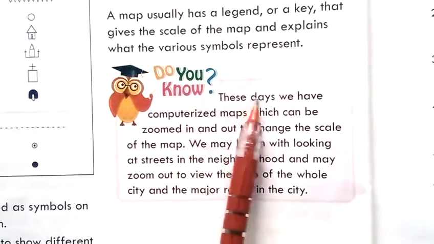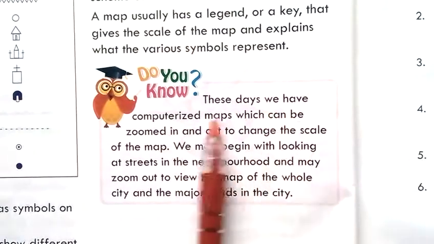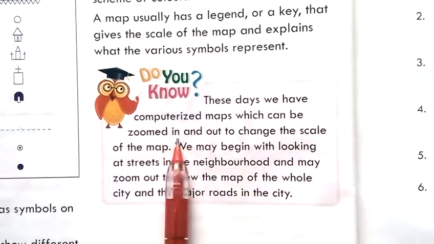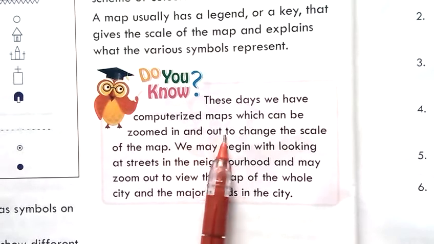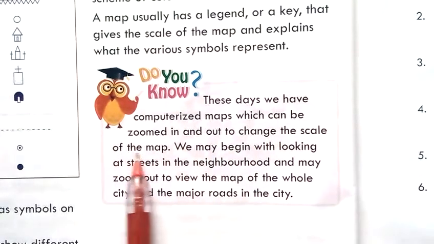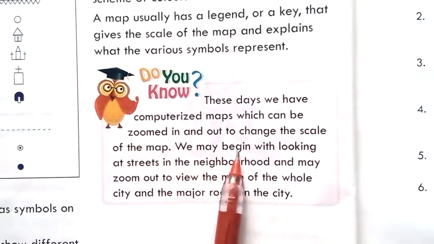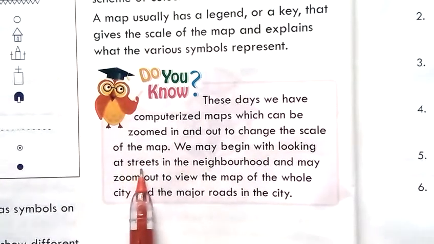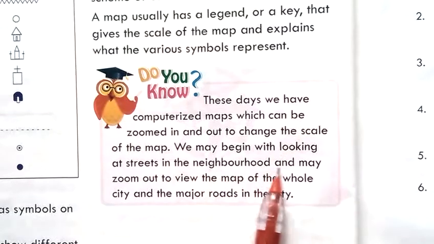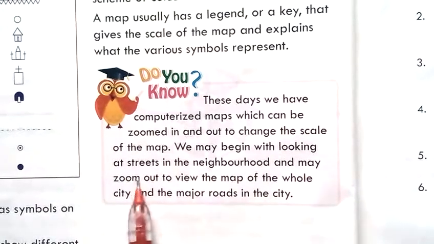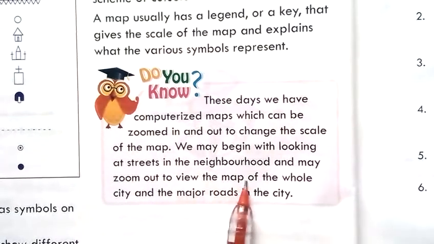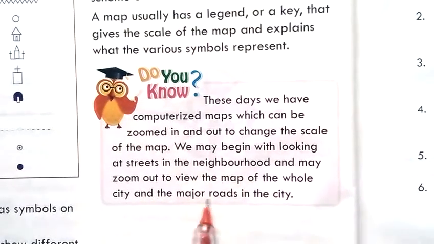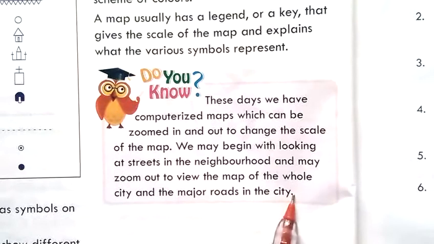Do you know, these days we have computerized maps which can be zoomed in and out to change the scale of the map. We may begin with looking at streets in the neighborhood and may zoom out to view the map of the whole city and the major roads in the city.